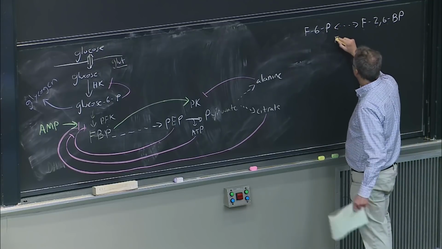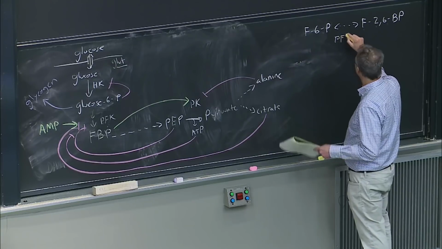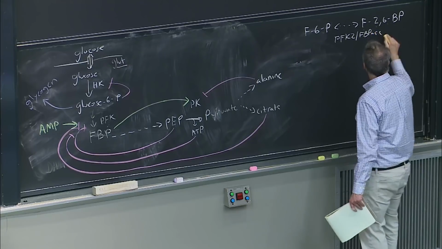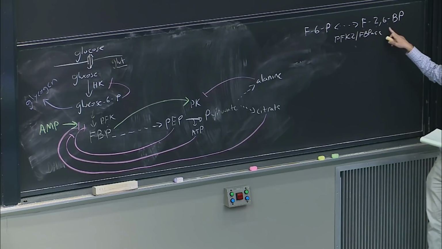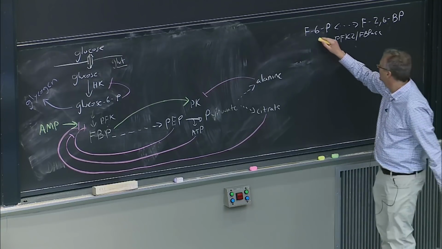This is a reaction that is catalyzed by a bifunctional enzyme called PFK2 FBPase. So basically, phosphofructokinase on the 2 position, FBPase, removing it from the 2 position, which allows you to regulate the levels of fructose 2,6-bisphosphate.